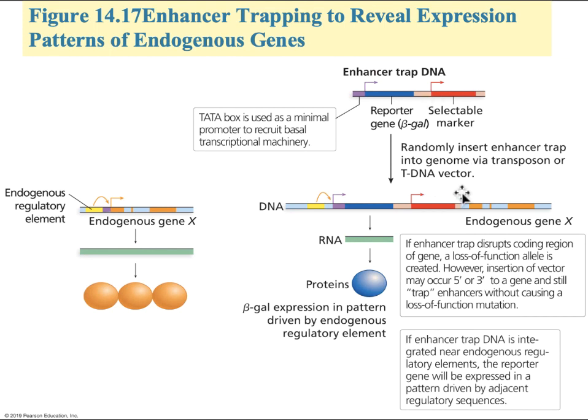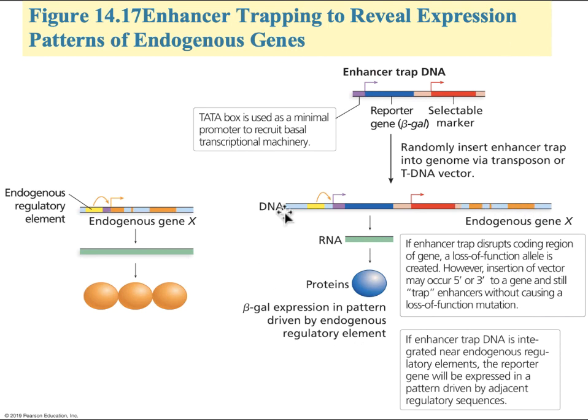In some cases, because of random insertion, we may end up with our reporter construct, the enhancer trap, going in here between the gene and its enhancer. And the goal here is to produce something from the reporter gene. And if the enhancer is working normally, it will then fold the DNA onto this promoter rather than the original promoter that was used at the beginning of the endogenous gene.